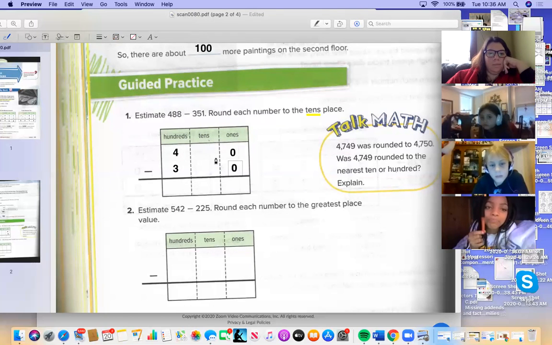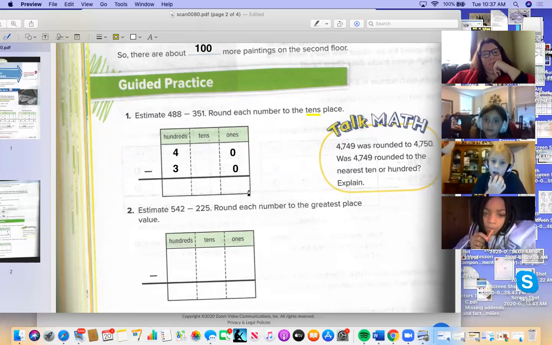And so for 488, rounded to the nearest 10, what's going to go in the tens place? Is it closer to 480 or 490? Selena, you got any ideas? If we round 488 to the nearest 10, what would that be?